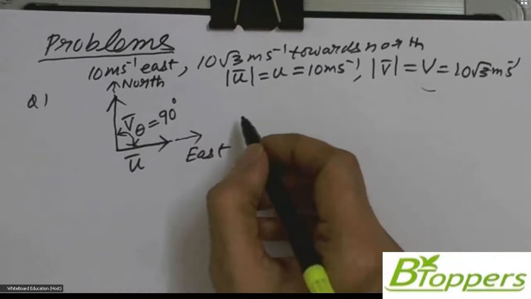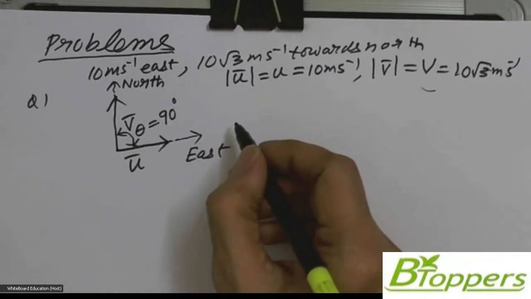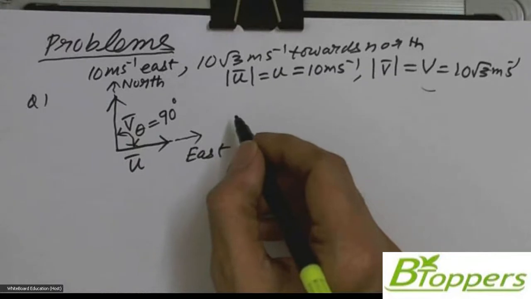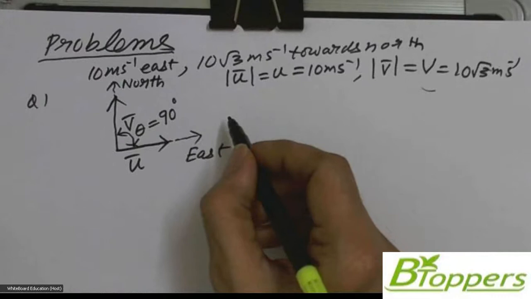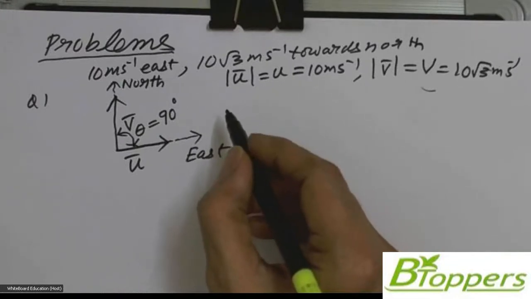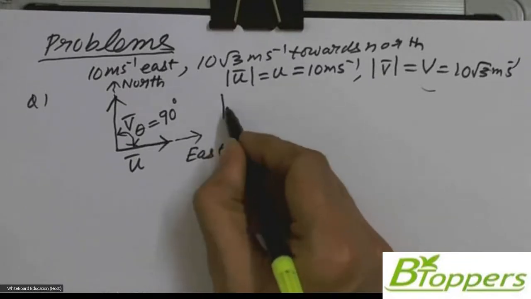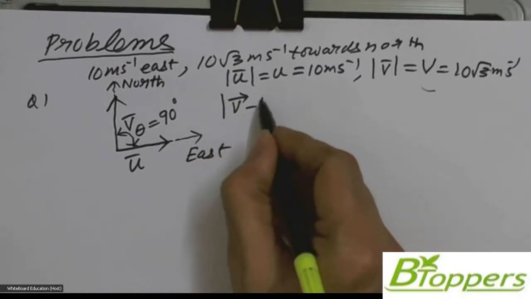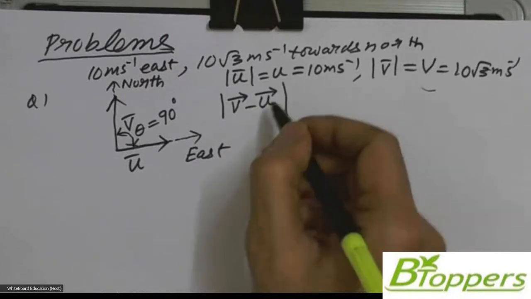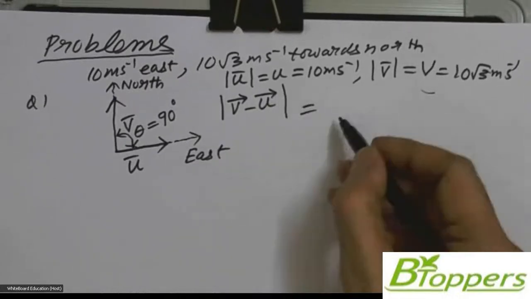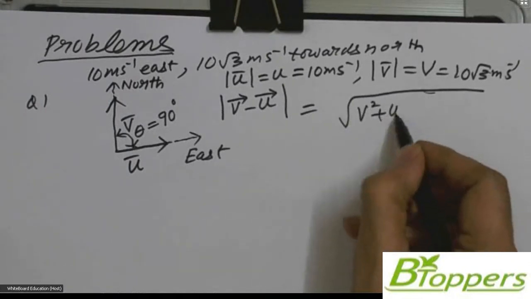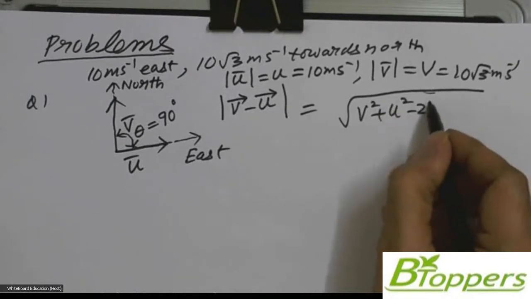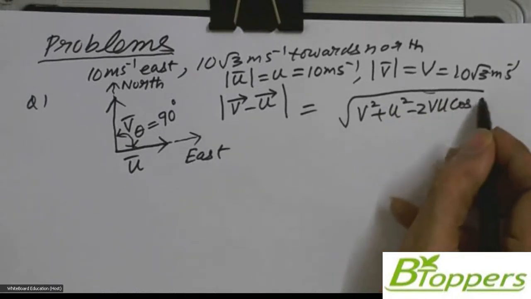You can use the formula for the magnitude of the vector difference of two vectors. In general, if a bar and b bar are two vectors, the magnitude of the vector difference a bar minus b bar is equal to root of a square plus b square minus 2ab cos theta. So using that formula, the magnitude of the vector difference v bar minus u bar is equal to root of v square plus u square minus 2vu cos theta.